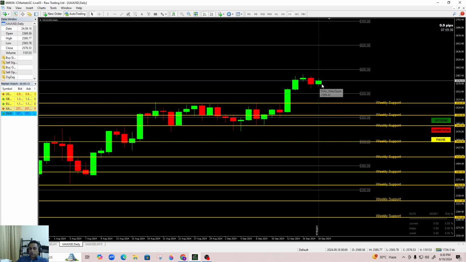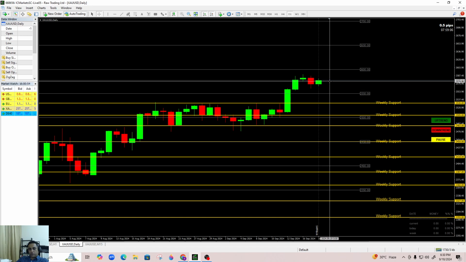Now we don't have any real structure because we have some sort of weak daily resistance, and we've got nothing in this area. We are on the daily time frame. We're quite far away from this zone, this range, a good 500 pips away.